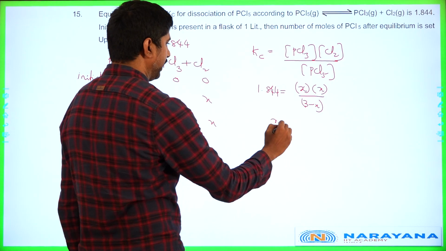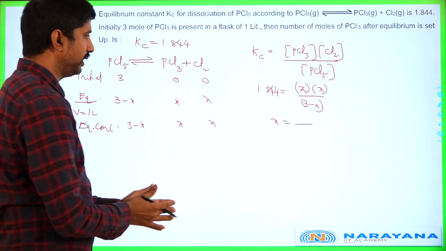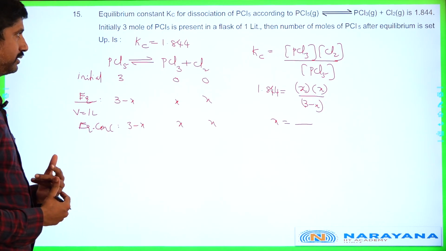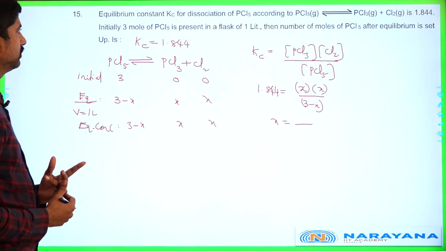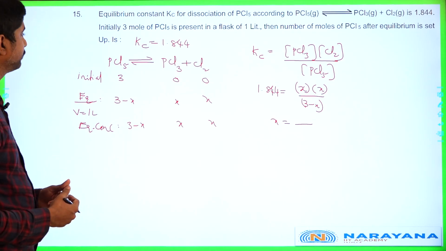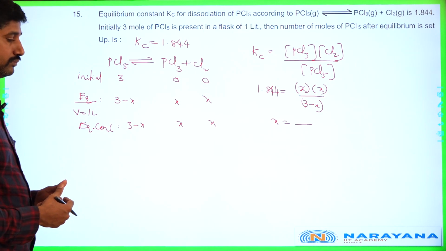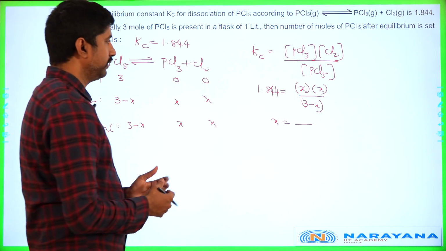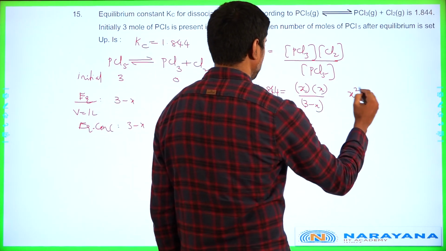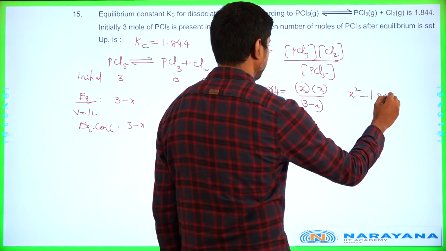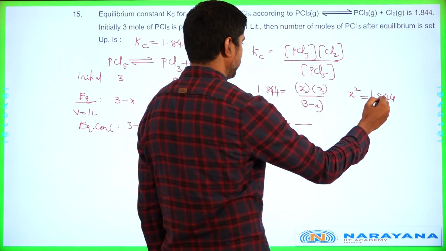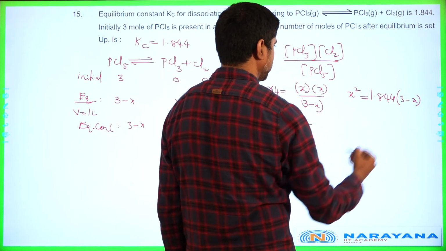Solve that and give the value of x. What is the nearest value of x? From this expression, x square is equal to 1.844 into 3 minus x.